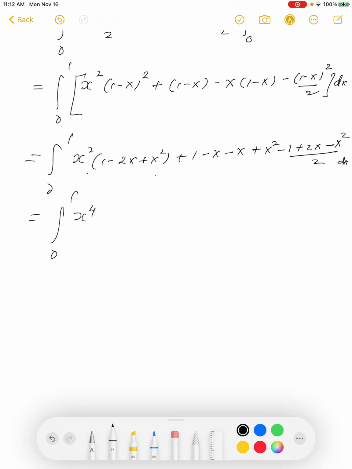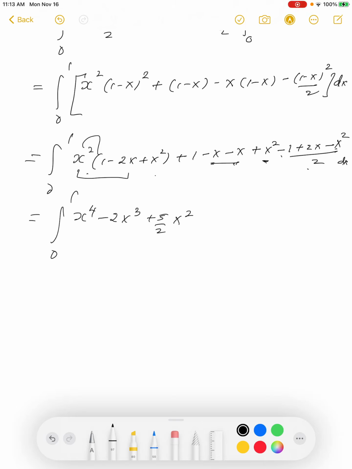So I'm going to get x to the 4, then minus 2x cube. That's the only x cube term you have, isn't it? Then you have an x square, another x square, that's 2x square, and plus half x square. 2 and a half is 5 by 2. How many x's?